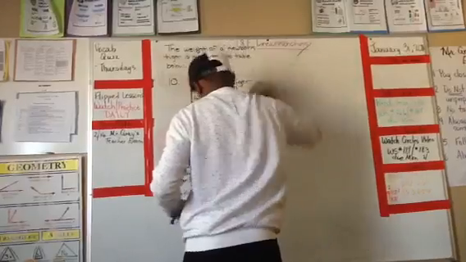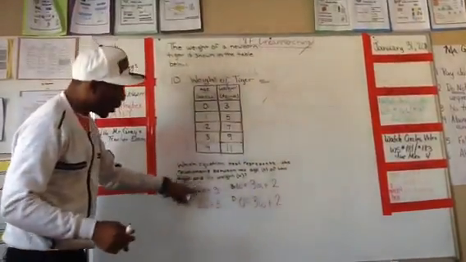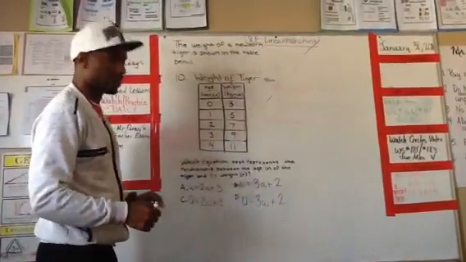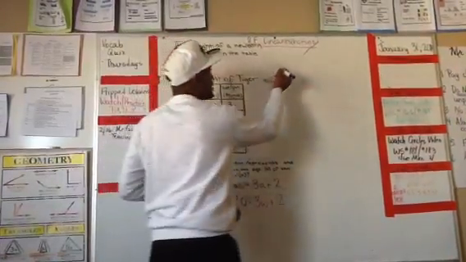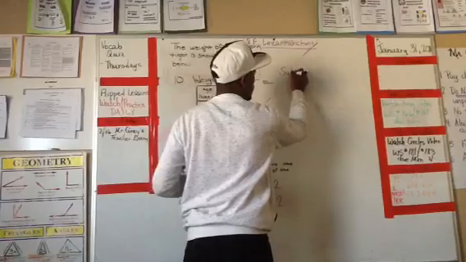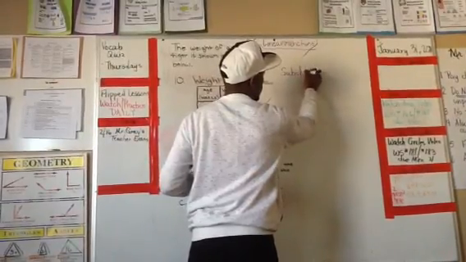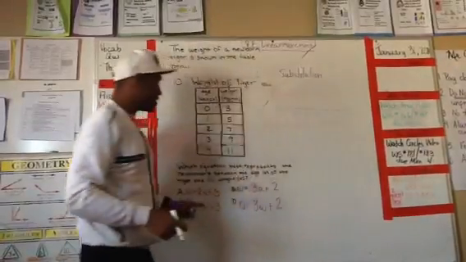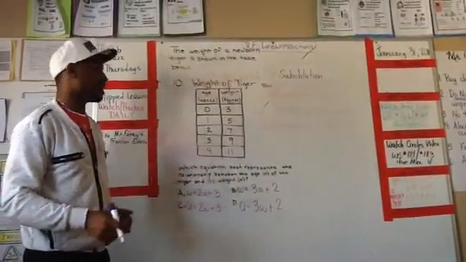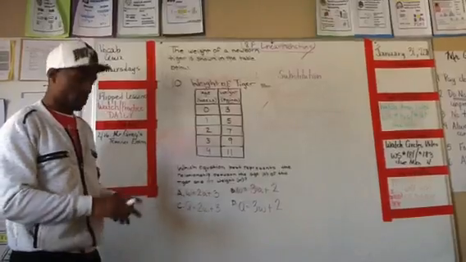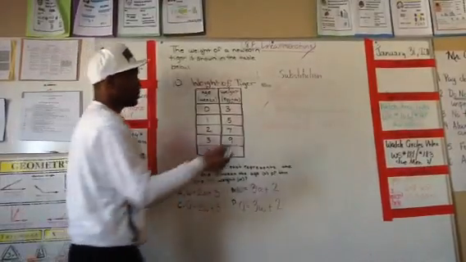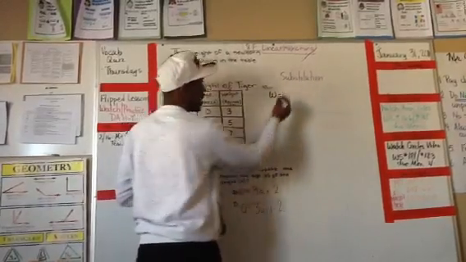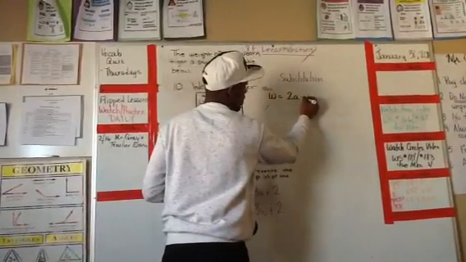But what I need to figure out is which equation, which linear function down here represents this data. I use substitution to figure out which equation best represents the data in this chart. So I'm going to start with equation A. W equals 2A plus 3.